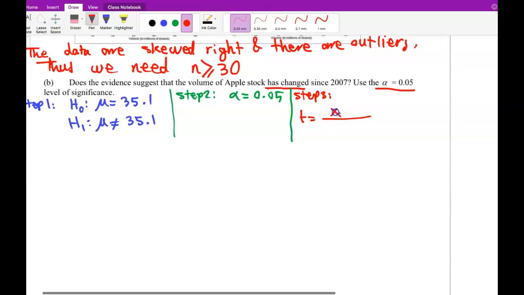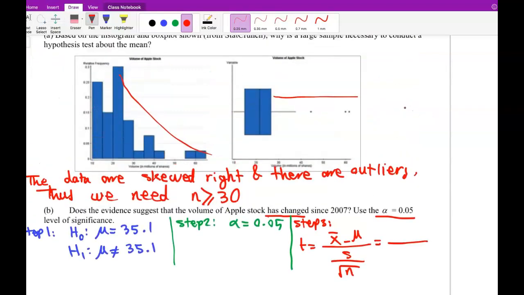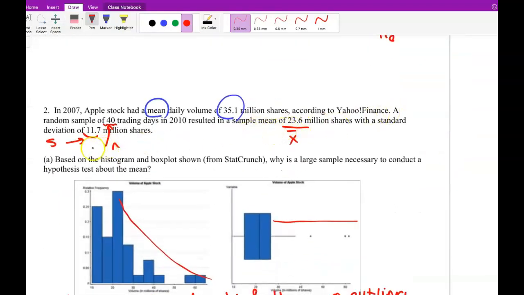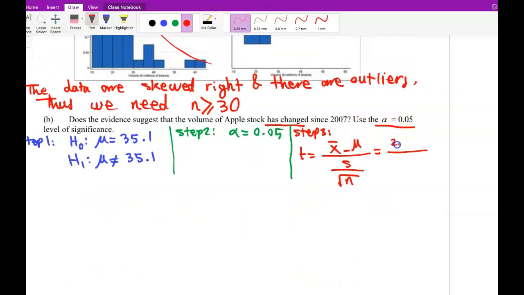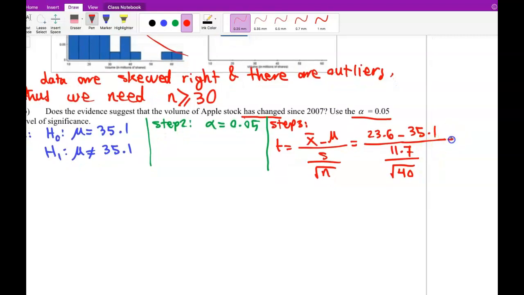So t is equal to x bar minus mean, divided by sample standard deviation divided by square root of n. x bar was given as 23.6, sample standard deviation is 11.7, mean is 35.1, and n is 40. So that is equal to negative 6.216.